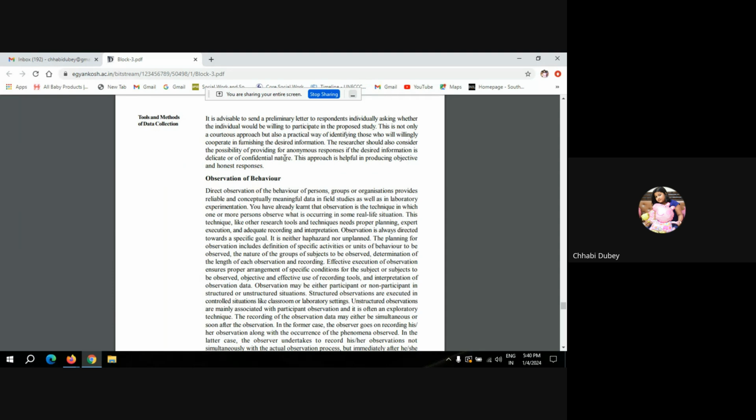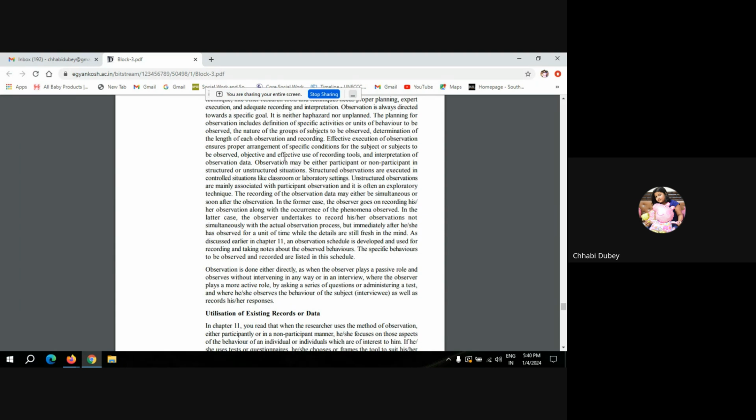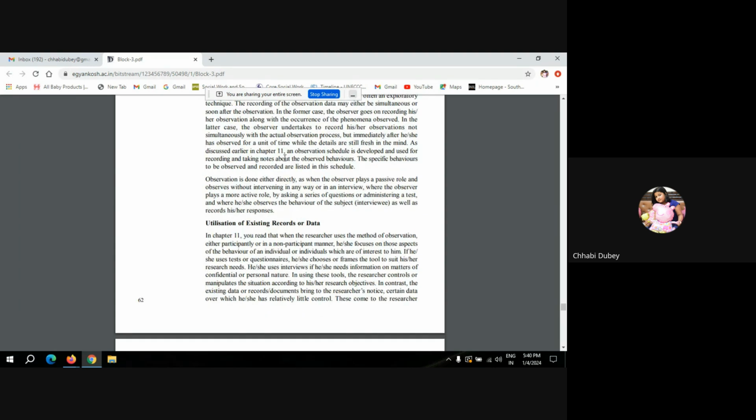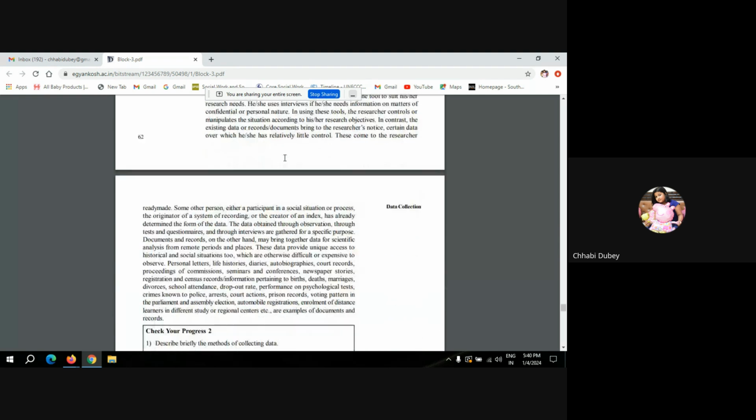It can be either direct or indirect observation, or it can be participant observation and non-participant observation. Then utilization of existing records or data. You can look into various records, which could be personal records or official records.